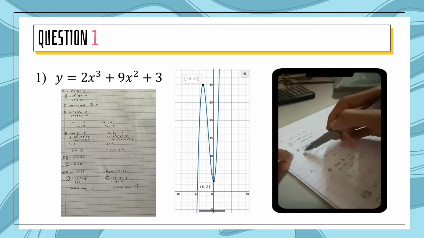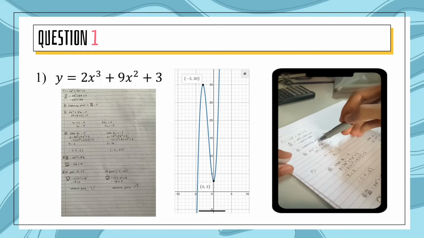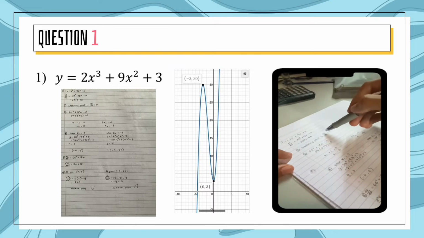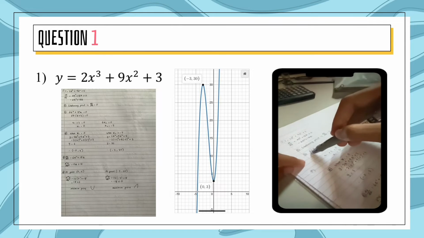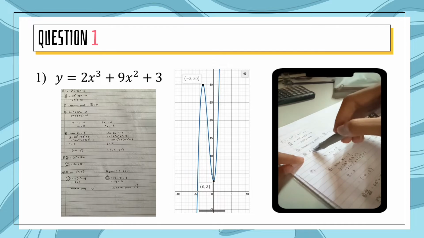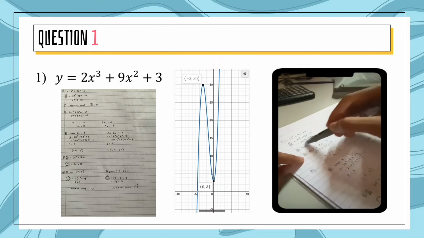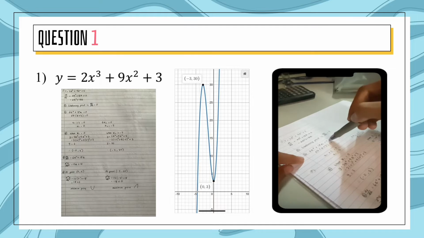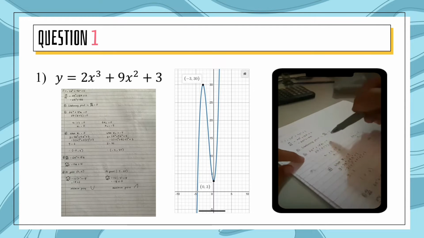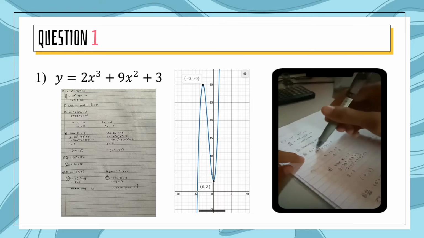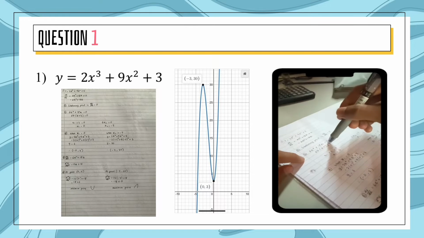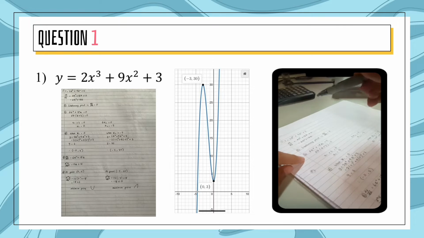For step 2, we need to find the stationary point. Stationary point is dy over dx equals 0. For step 3, 6x power of 2 plus 18x equals 0. So we can get the answer using the calculator from mode EQN.